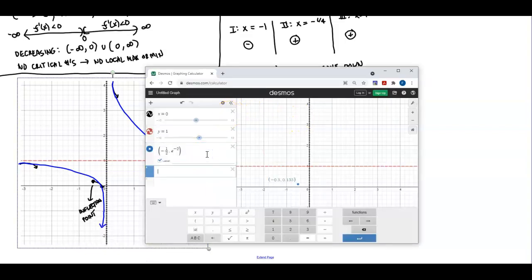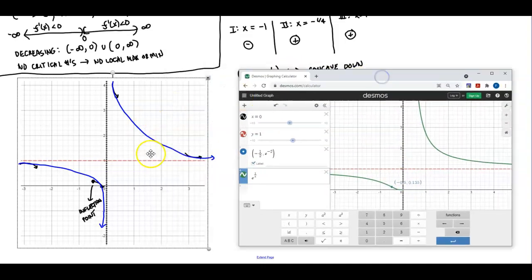So if we graph our function, and again, that function is e to the power of 1 over x, you can see here how it travels through the inflection point, and there is our horizontal and there is our vertical asymptote, which matches the graph that we just graphed here.